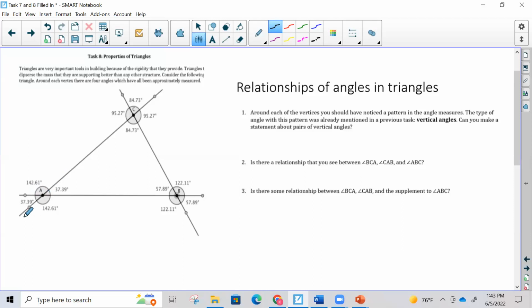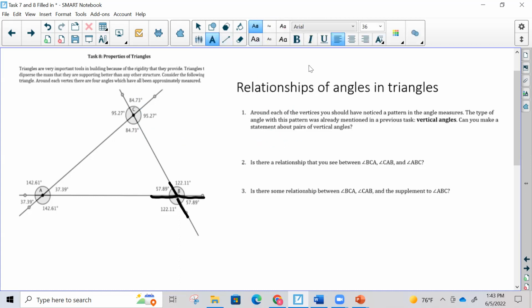This angle A and this part of angle A are also vertical, and notice they're the same measure. And then on B, this part of B and this part of B are vertical and the same measure. And this part of B and this part of B are vertical and the same measure. So you should see a pattern that all of the vertical angles have the same measure.